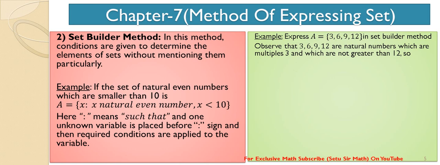So we can write: x is a natural number, multiple of 3, and x ≤ 12. That means we have to write less than or equal to 12. That means we can take 12, not more than 12. Less than or equal means we can take 12 also if the condition is fulfilled.